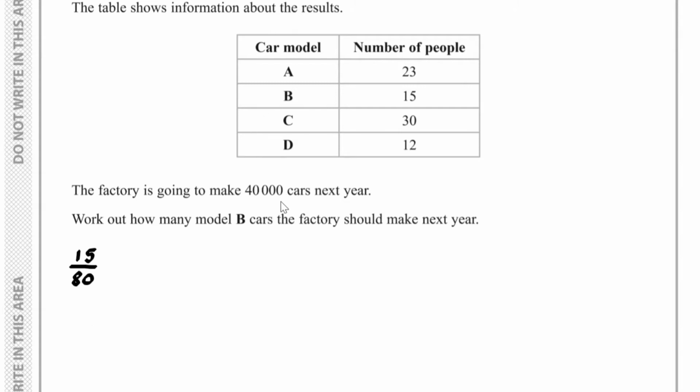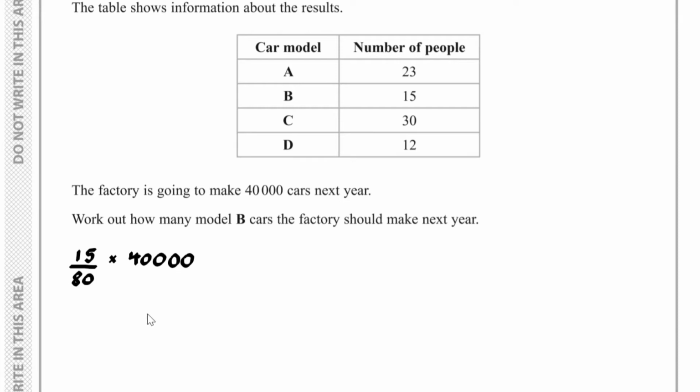And if we assume that we have a proportion of the 40,000 cars, then to find out how many of model B we want, we need to multiply 15 over 80 by 40,000.